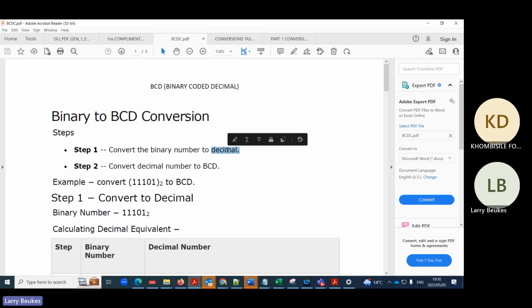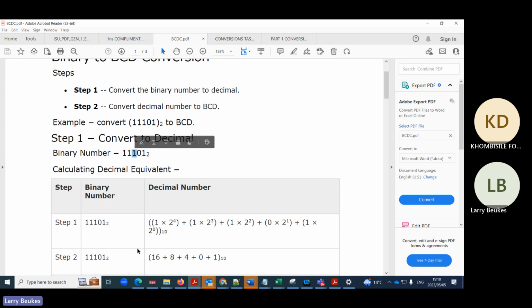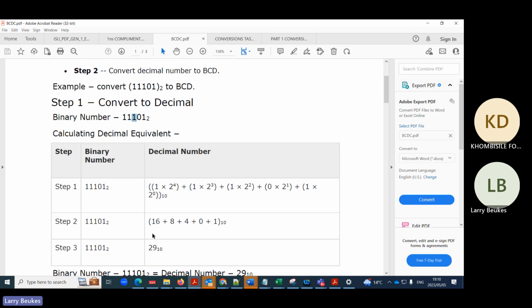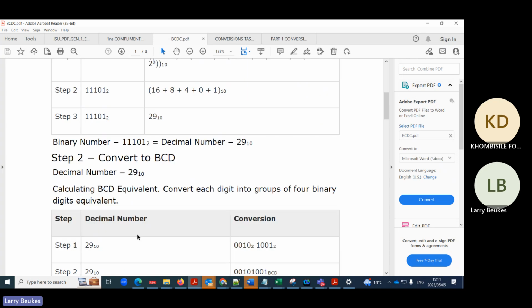That's the first thing that we do. Then we convert the decimal number to BCD. So this step we already know, converting binary number to decimal. Then from there, for example, we're gonna convert this to decimal with this long method, 29. Then we take this 29 to convert to the BCD.